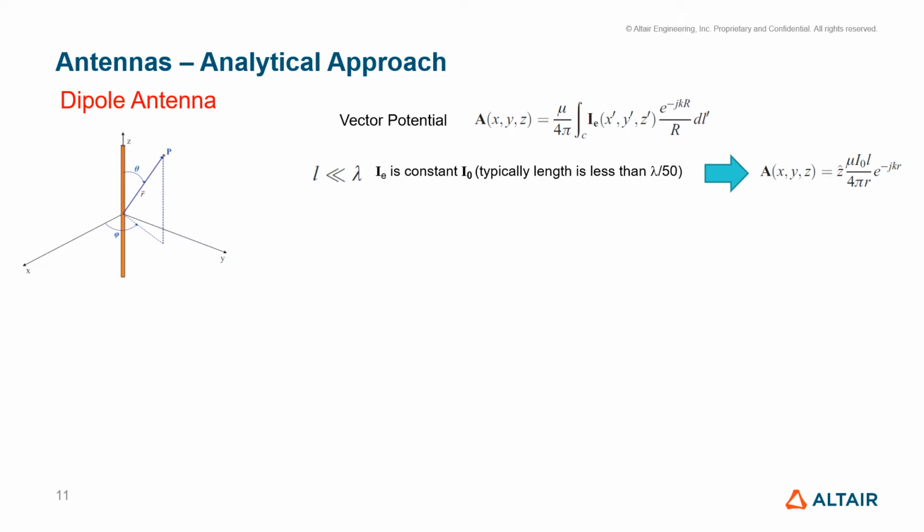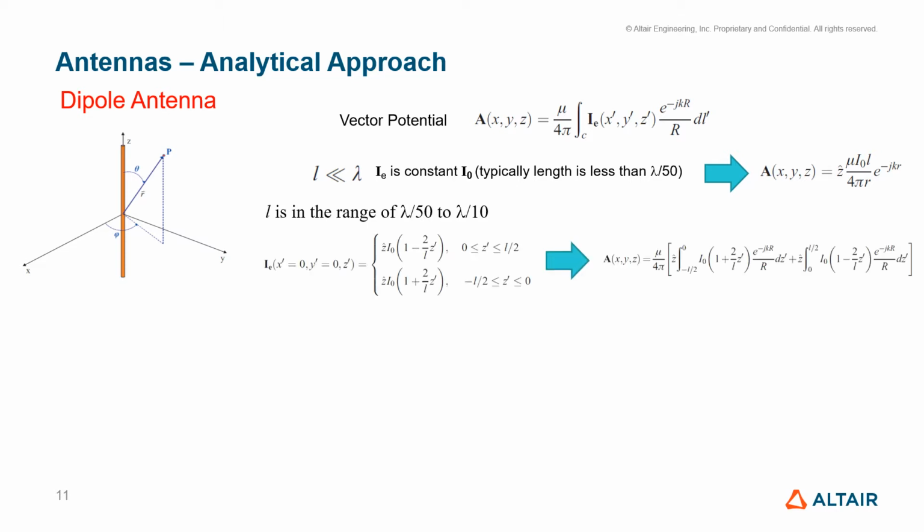So you can simply multiply and have this simple expression that can give you the vector potential, and from vector potential you can calculate the electric field, and from electric field you can calculate the rest of the quantities that you need to compute.